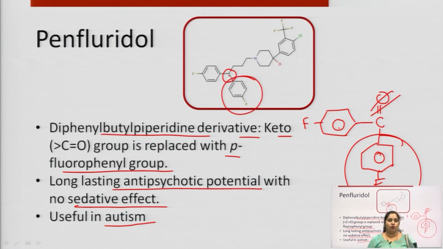So, this keto group is being replaced by a para-fluorophenyl group. But after the alteration we have found that it was long lasting, it has a longer duration of action as an antipsychotic agent. Apart from that, it did not possess any sedative effect and is very useful in the case of autistic patients.